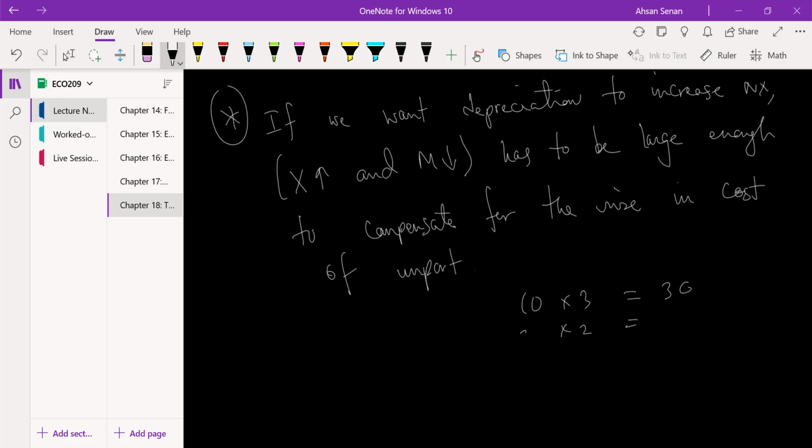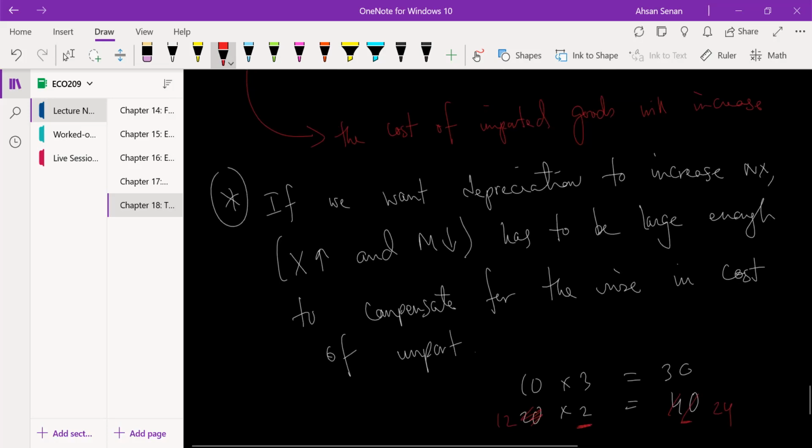If this is now 20 taka, so you see that even though we're buying fewer, we are spending more. Of course, if price had gone up, but if it had gone up to 12, then we would be paying 24, which would be less than 30.